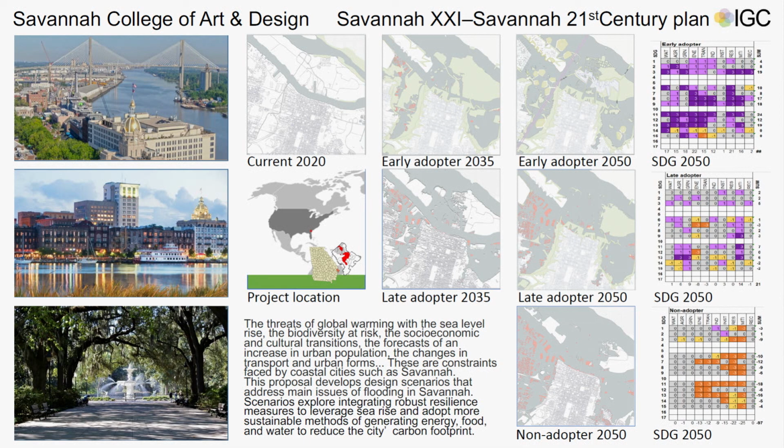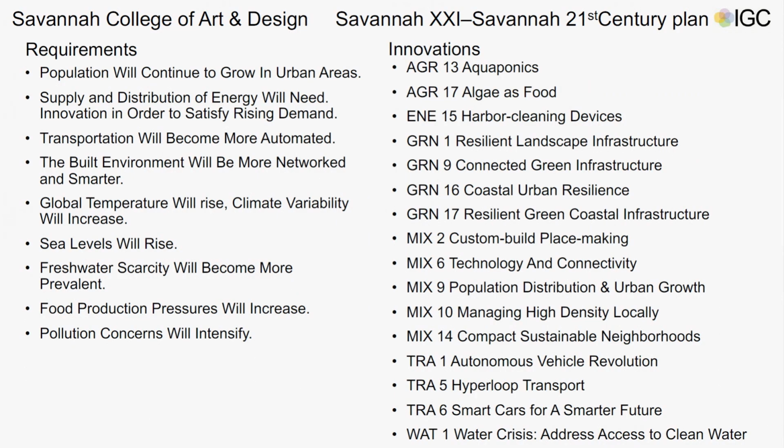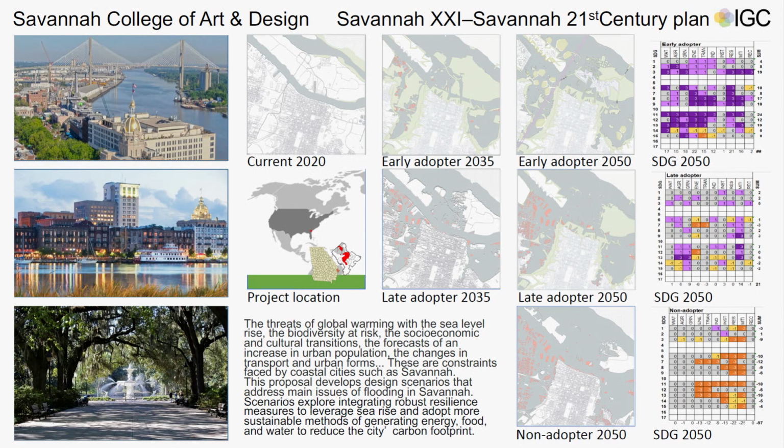Unfortunately, in the last few years, Savannah, like many other cities around the coast, has been hit by hurricanes. What pointed to this project is that the city of Savannah built, I think in 2015, a hurricane shelter. So it spent $5 million to build a hurricane shelter.